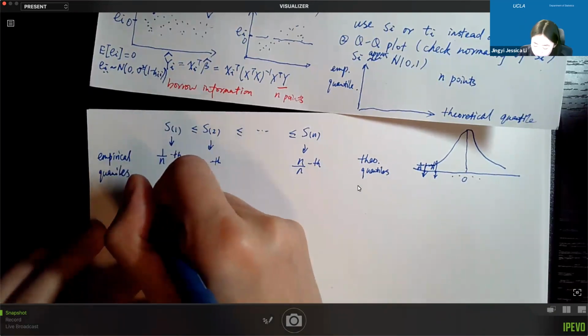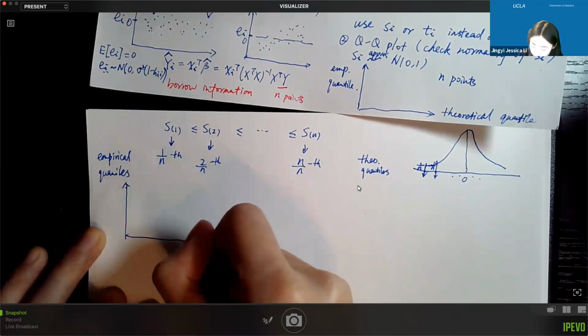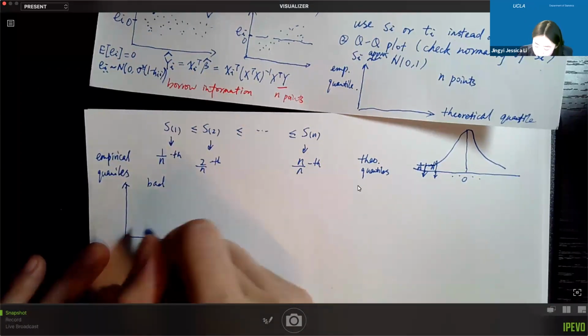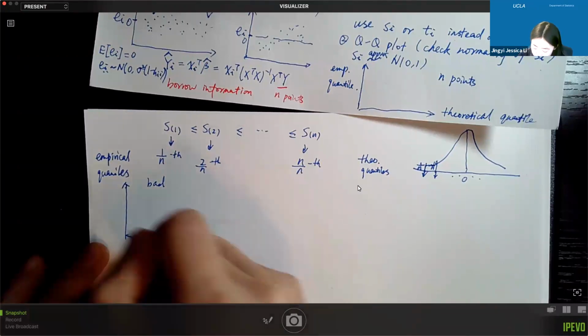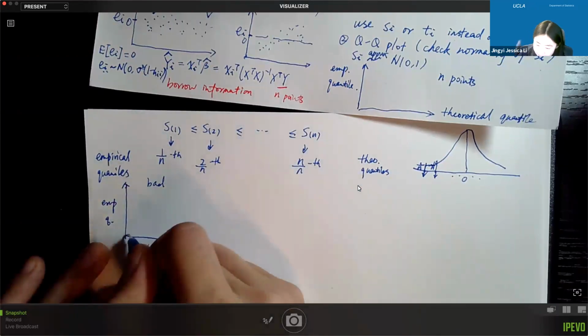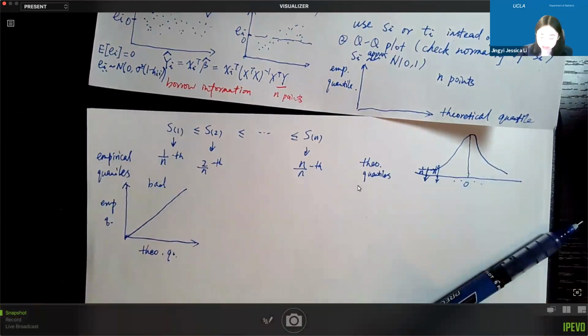So if you think about a bad QQ plot, okay, if we have this bad QQ plot, again, this is theoretical quantile, this is empirical quantile, the ideal case is that the line would be diagonal. That's the ideal case.